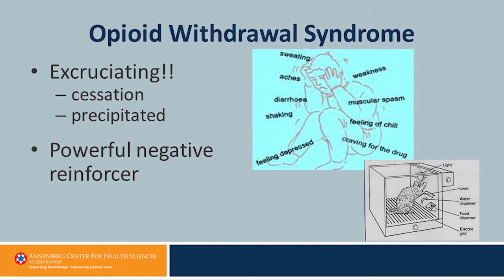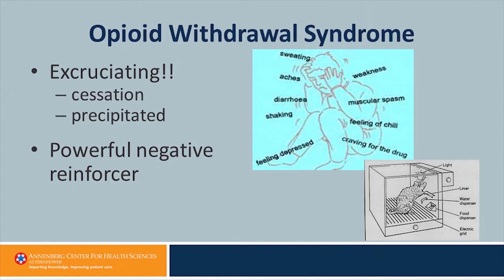And the electricity turns on again, and it learns over time that if I hit the lever, that feeling of pain will go away. It's very different from punishment, in which a behavior creates an aversive. So in opioid use disorder, the withdrawal syndrome is a very prominent feature.